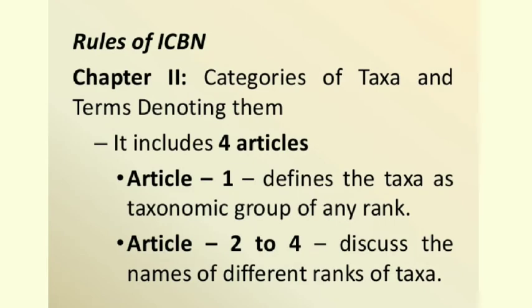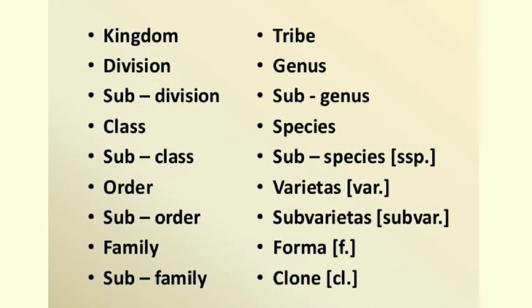Rank means kingdom, division, family, order, genus, species, etc. Articles 2 to 4 discuss the names of different ranks of taxa: family name, order name, genus name, species name, etc. And lastly, these are the various categories of various ranks.